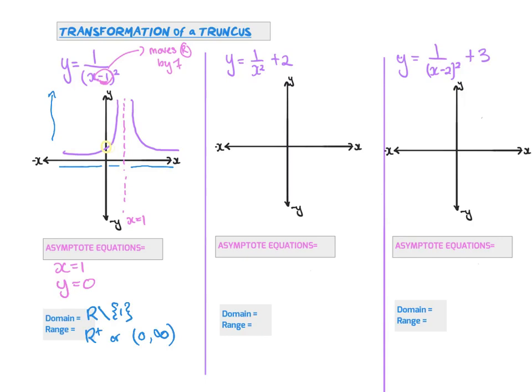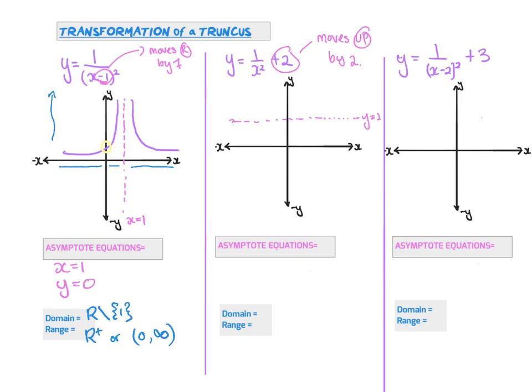Okay, so let's have a look at this second graph. If we look here, this number here moves the graph up by 2. So the y equals 0 asymptote has moved up to y equals 2.